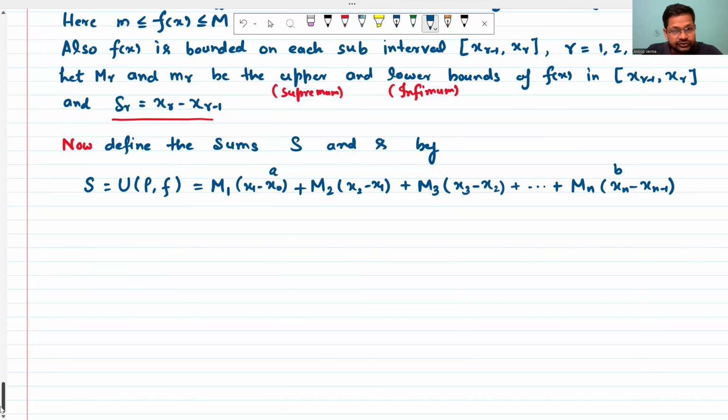So this summation you can also write in concise form.